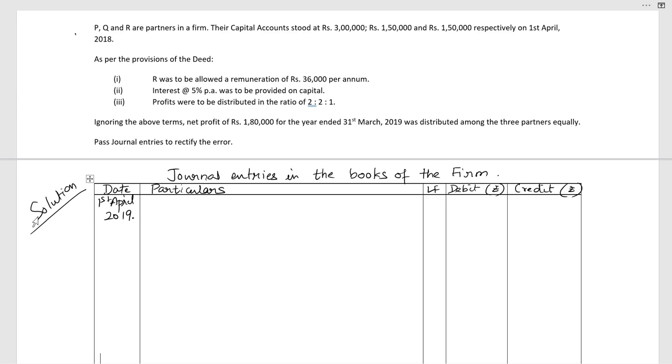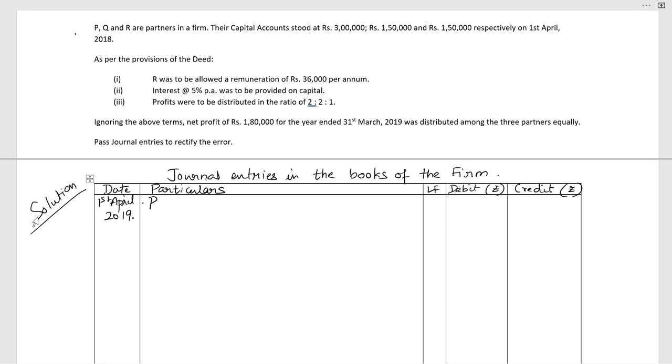The first entry is to reverse the profits in the wrong ratio, which is equal 1:1:1. For reversing profits, we know we need to debit the partner's capital and credit profit and loss adjustment account.